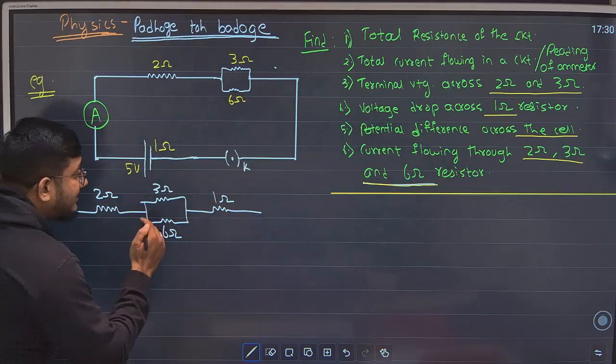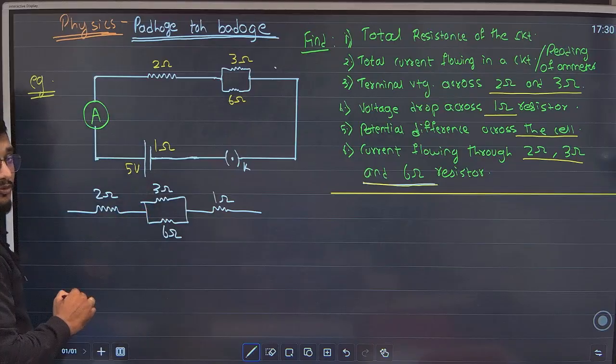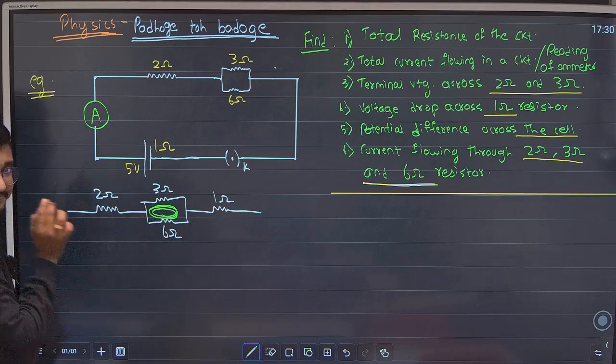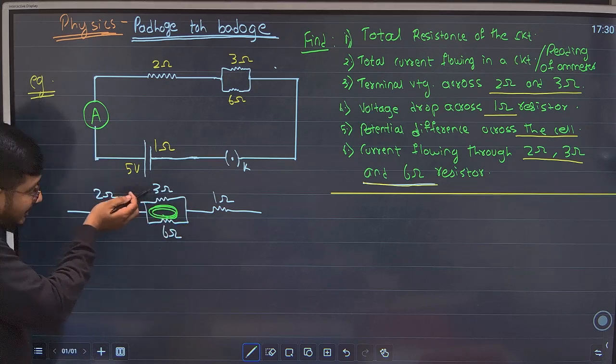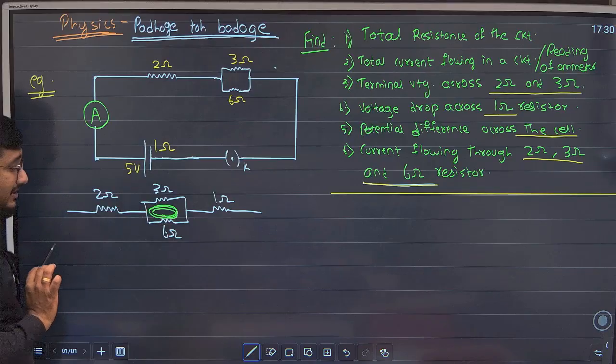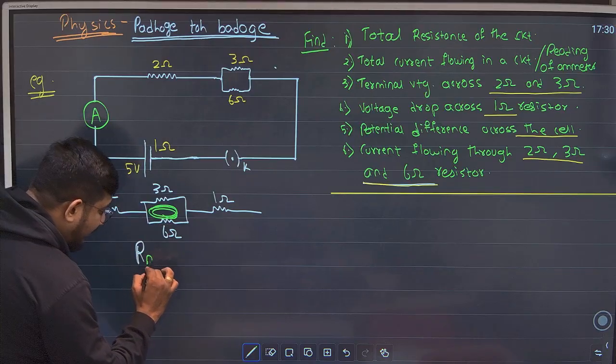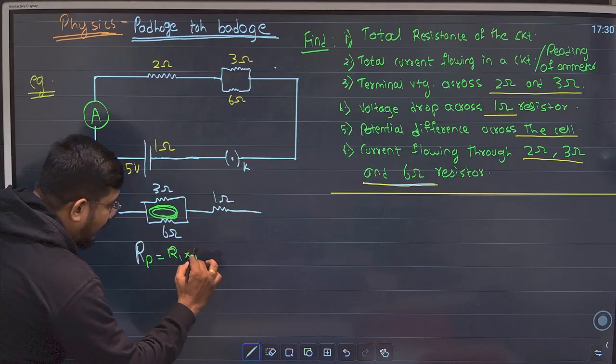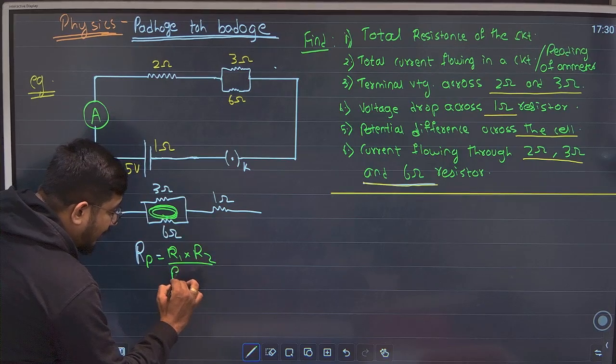First we'll find the loop. What is a loop? A closed path. Can you see this is a loop? We'll solve this. Now you will see 3 ohm and 6 ohm are both in parallel. There is a formula that Rp is R1 into R2 upon R1 plus R2, multiplication upon addition.